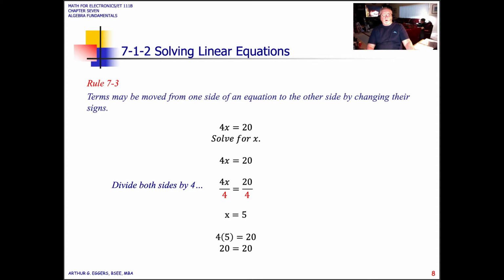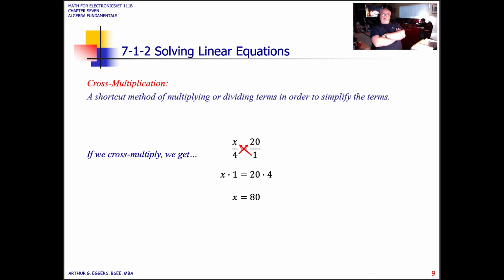In doing so, 4 over 4 is 1, so that in essence becomes x, and then 20 over 4 means we're going to divide 20 by 4, and it gives us the value of 5. So if we stick it back in the relationship, 4 times 5 equals 20, bingo, we've got an equality.